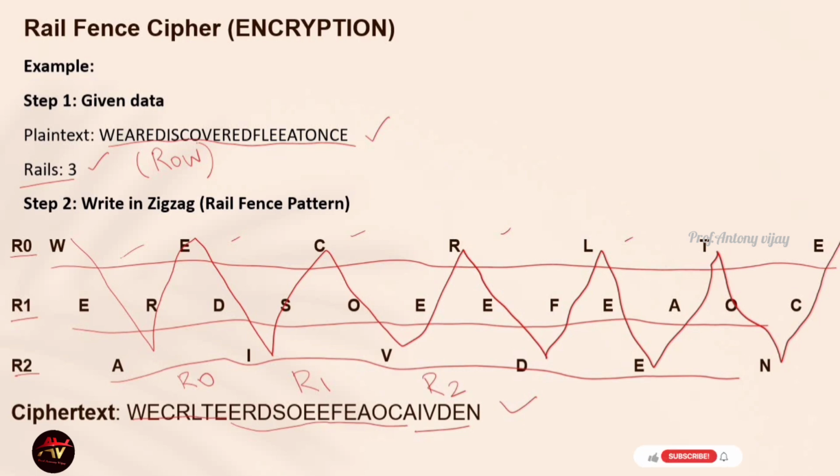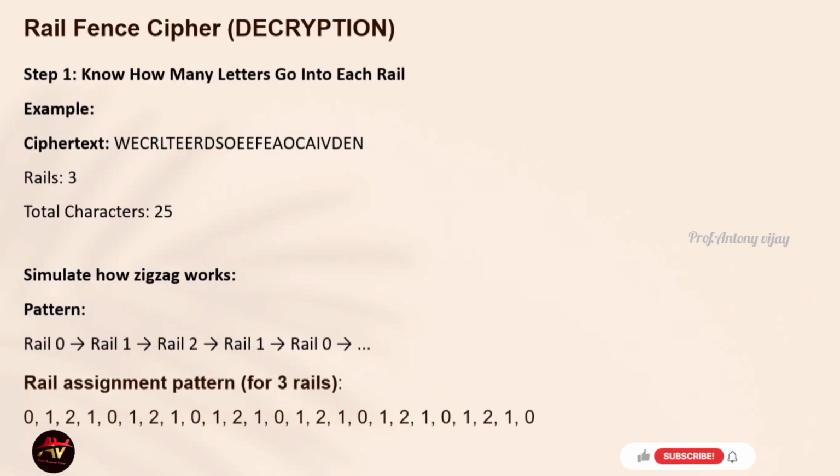Next let's see the decryption process. In decryption, we are supposed to know how many letters each rail contains. We take the ciphertext back here. Again the rails is 3, and the total number of characters is 25. Now we have to find the pattern behind it.